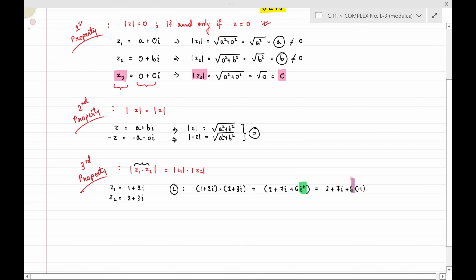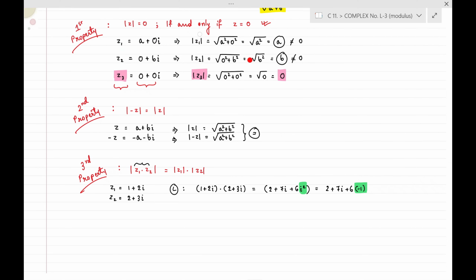Iota square is equal to minus 1. Keep in mind. Now the final result is 2 minus 6, that is minus 4 plus 7 iota.